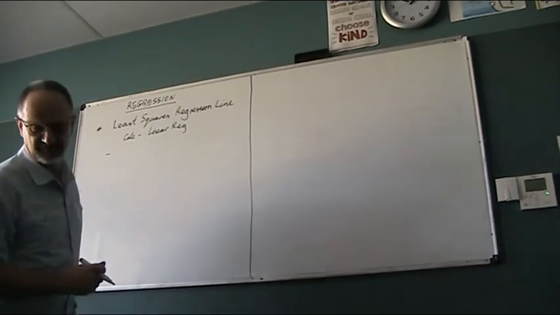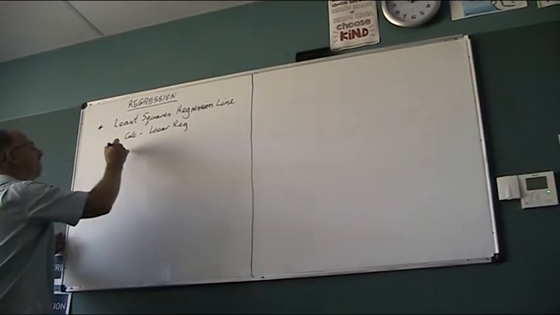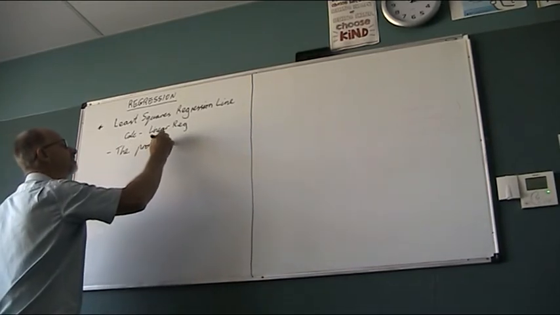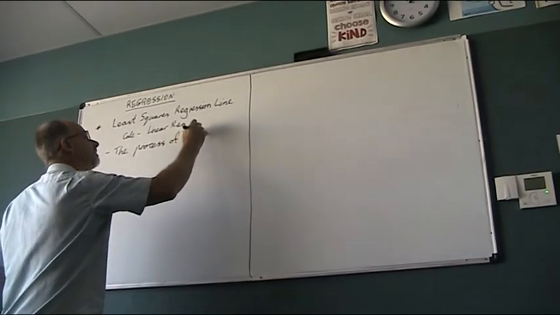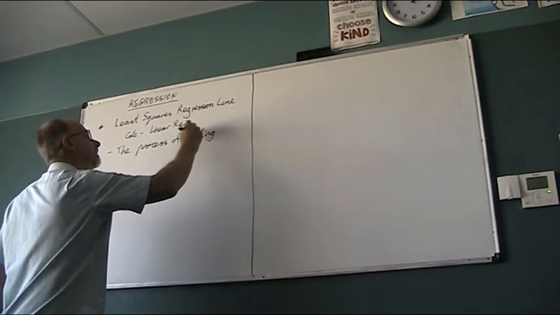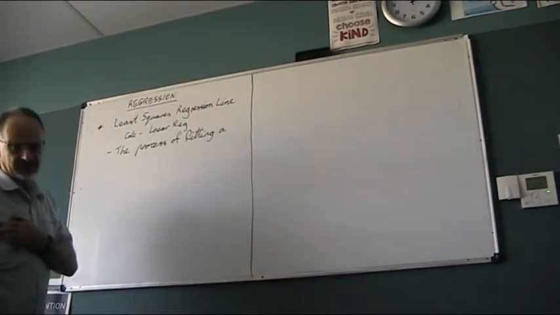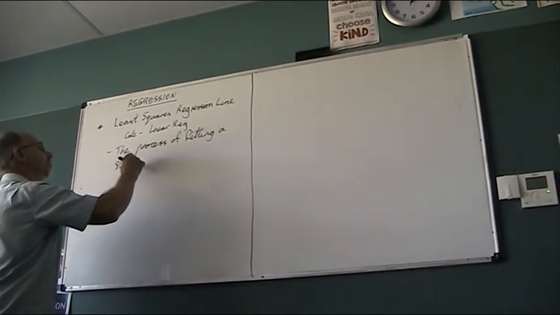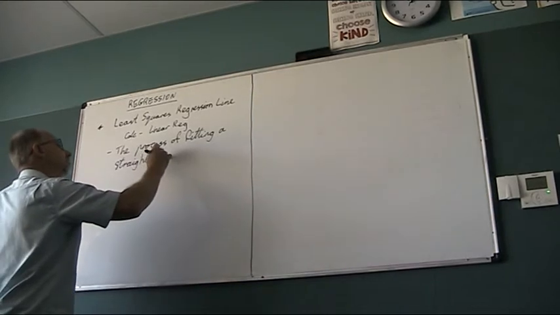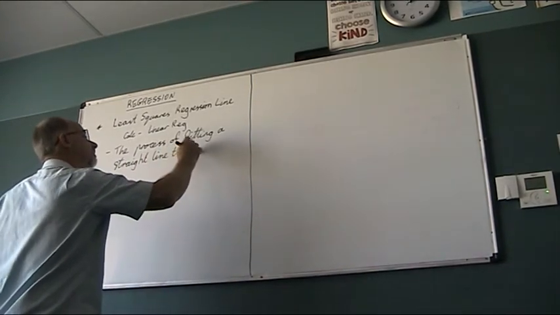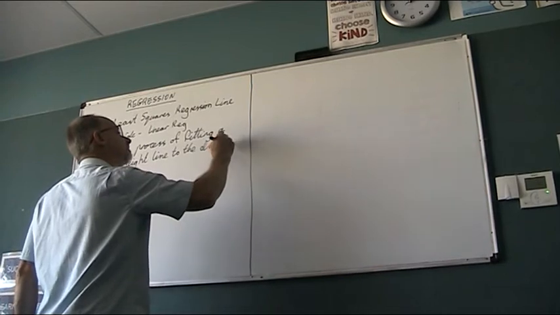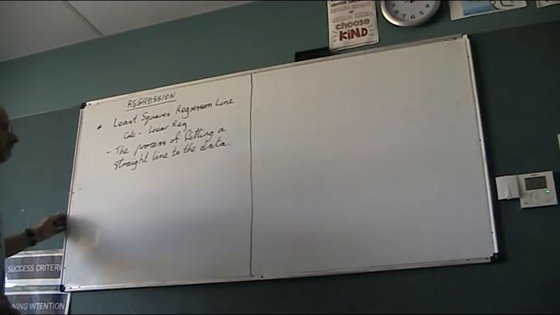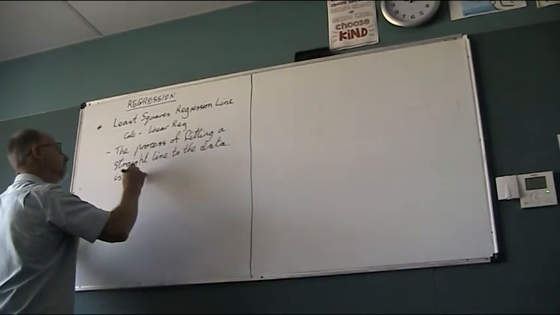Regression is the process of fitting a straight line to data. That's all that regression means. It just means put a straight line in. This is called regression. Better finish that off.